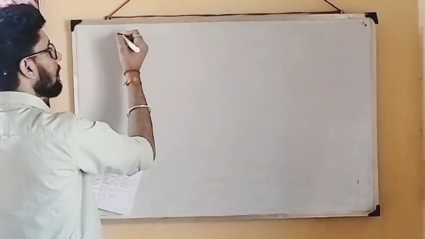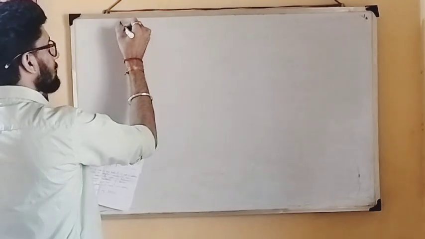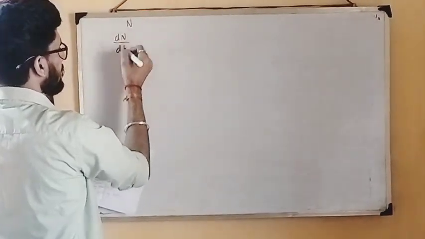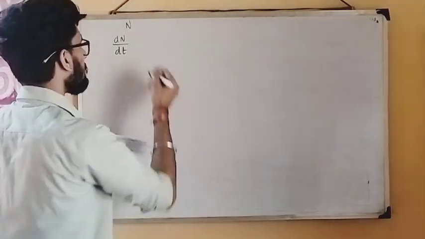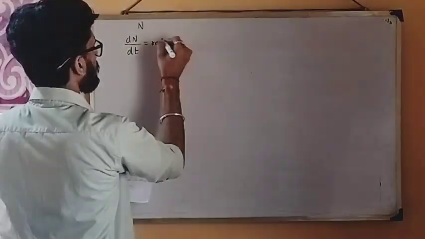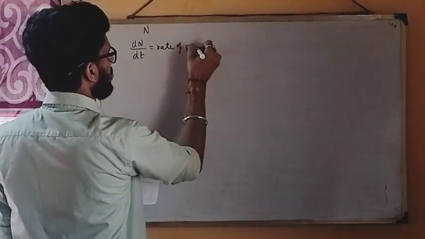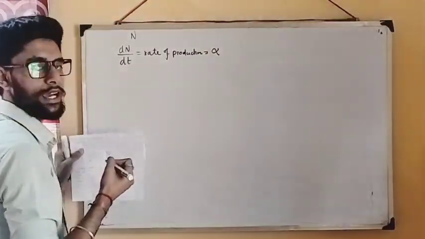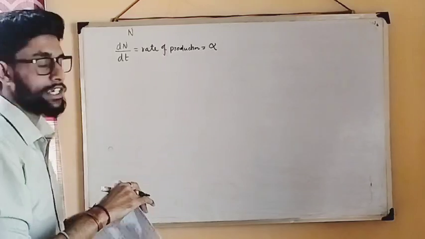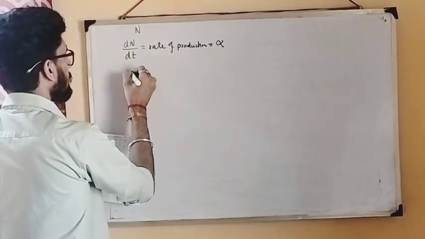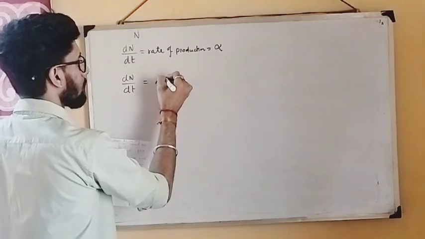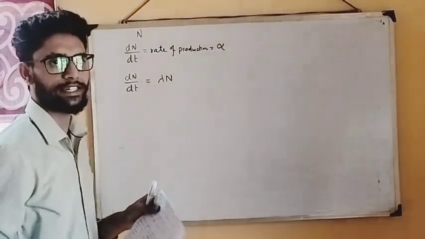That means if the element is represented by n, then the rate of production, dn by dt, where rate means divided by time, is equal to alpha. At the same time, it is also decaying, so the rate of decay is given by dn by dt equal to lambda n, as per the decay law.